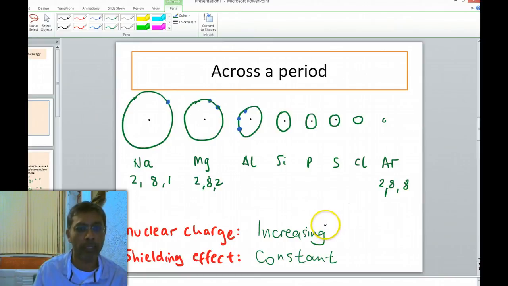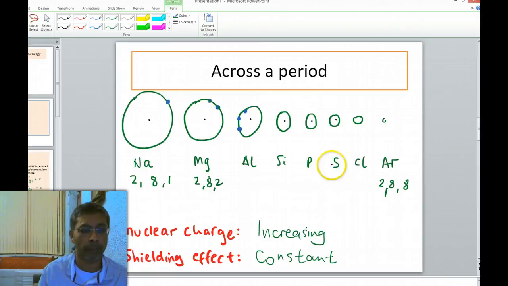If that's the case, the outer electron is going to get closer and closer to the nucleus, which means that it's more tightly held, more difficult to remove. Therefore the ionization energy will increase going across the period. So stating the trend going across the period: ionization energy increases.